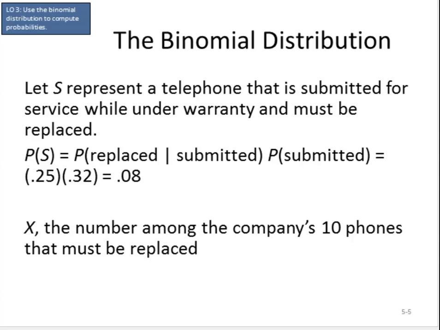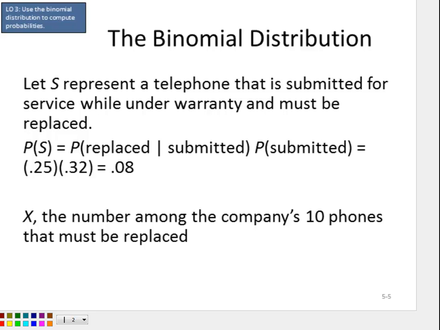It said 32%, so I put 0.32. So when you multiply these numbers, the probability that a telephone is submitted for service under warranty and must be replaced is 0.08. We are going to let X be the number among the company's 10 phones that must be replaced. In our problem, we wanted to know what's the probability that X is exactly 3.